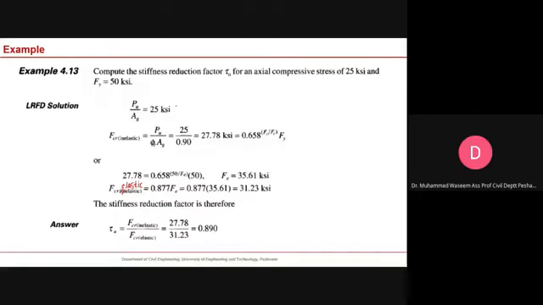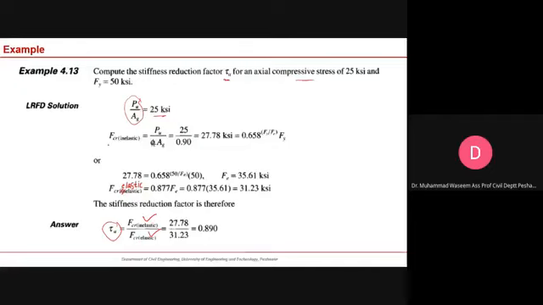Now there is an example where we have to compute this tau value for the compressive stress. This value is given for this example: it is 25 ksi. We know that tau is equal to this formulation. You have to calculate the inelastic critical stress and the elastic critical stress.